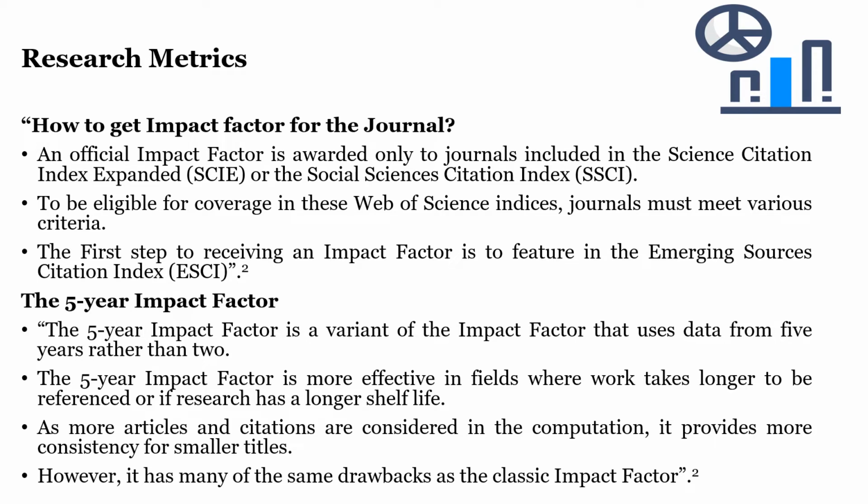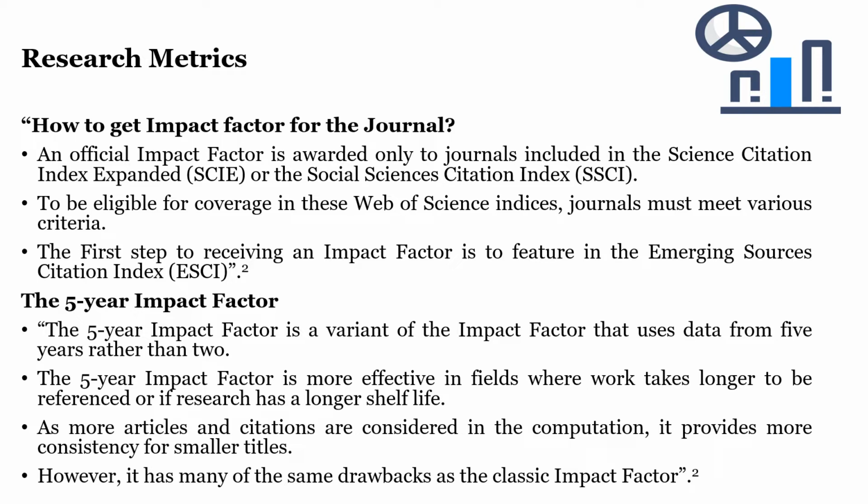The first step to receiving an impact factor is to feature in the Emerging Sources Citation Index. So to receive the impact factor, you must first have been featured in the Emerging Sources Citation Index.